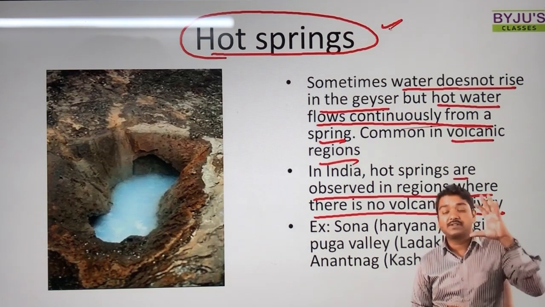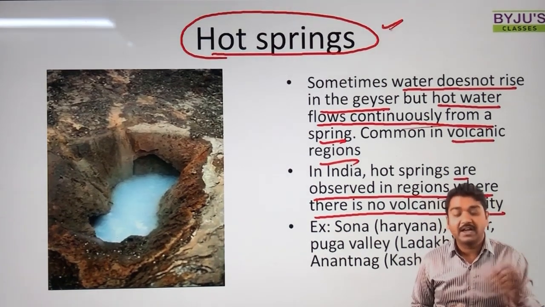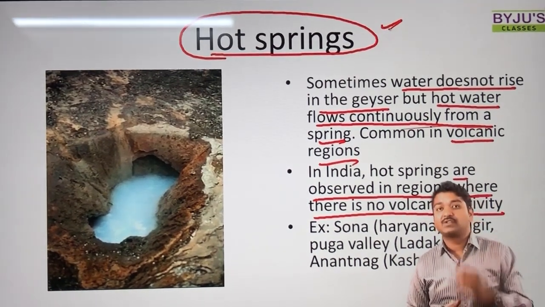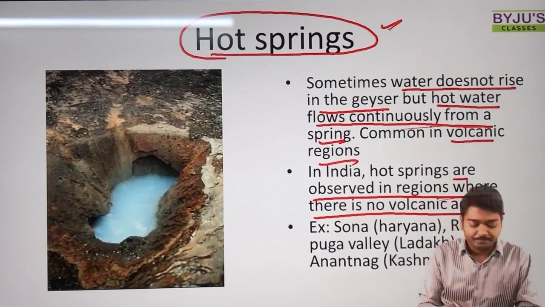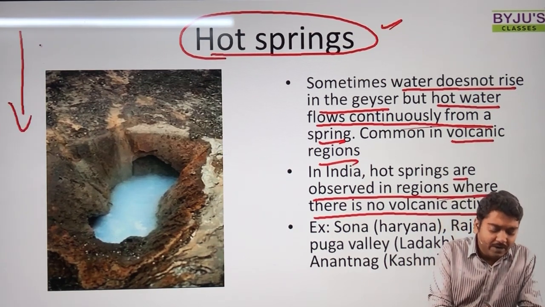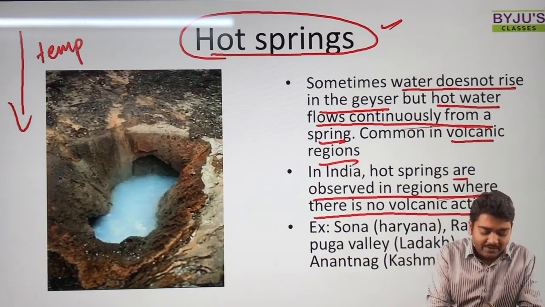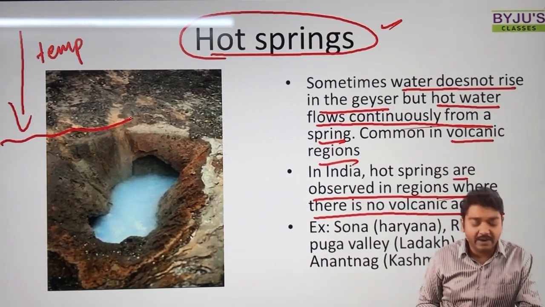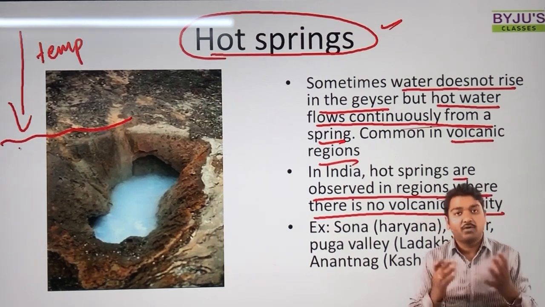So hot springs are not a phenomenon associated only with volcanic activity, but may be associated with other processes also. That is, you have a source. As you go deeper, temperature increases. So there is a place where water is there, it is heated, and it comes out in the form of hot water.